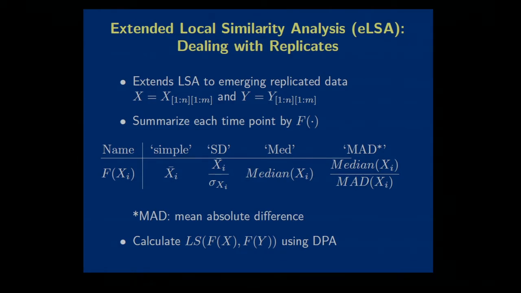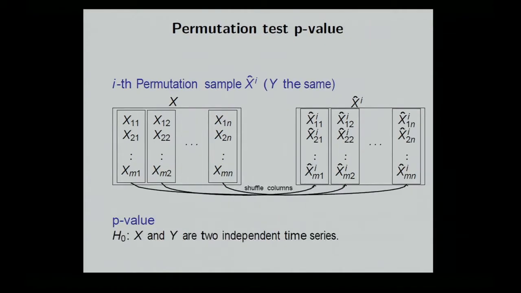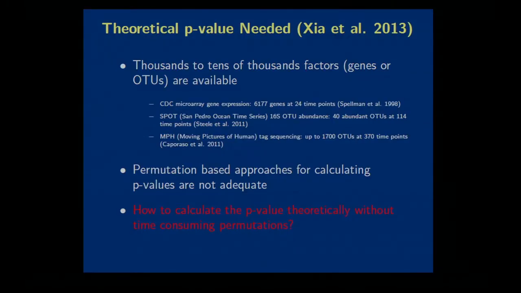Then we summarized the data, and we did the bootstrap confidence interval for the local similarity score, and we also got the p-values for statistical significance. Honestly, at first I just thought, okay, we just permute the data and that should be fine.